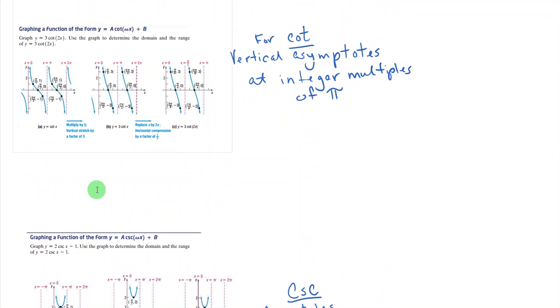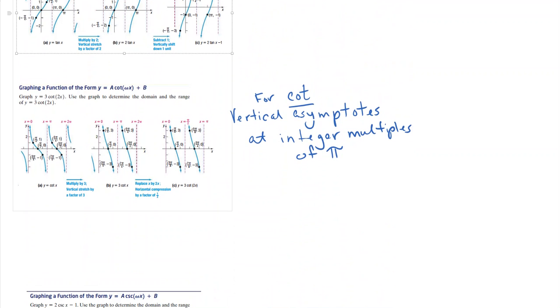The range is still all real numbers, and the domain is still restricted where we have vertical asymptotes at integer multiples of pi, 0, pi, 2 pi, etc. So very much like the tangent. It's just that it is falling from left to right.